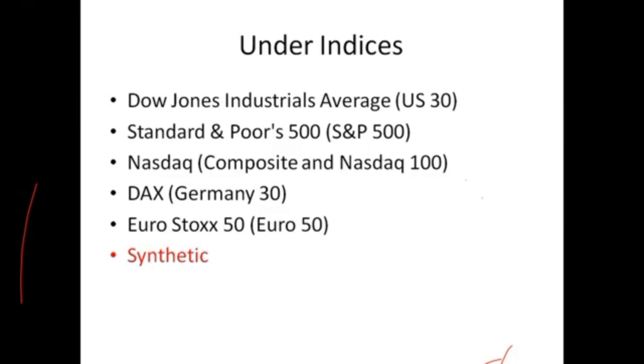We have NASDAQ, under which we have NASDAQ 30, NASDAQ 100 and more. We have the DAX, which is the Germany 30. These are different countries that own these different kinds of indices. Now we have the Euro Stoxx 50, and then we have the synthetic. This is colored red because we are going to be focusing on synthetic.